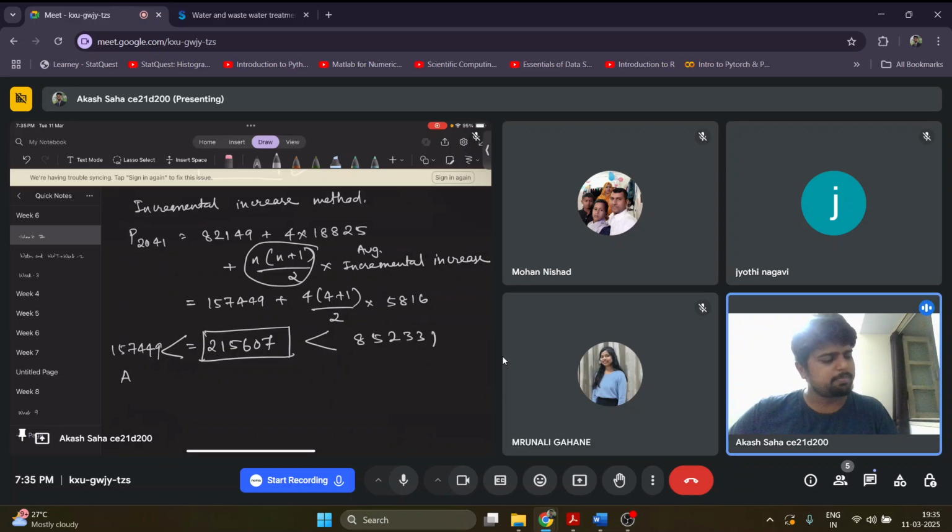This is arithmetic increase, this is incremental increase, and this is geometric increase. Okay. So I hope this is very clear, very direct. I don't think much discussion is required.